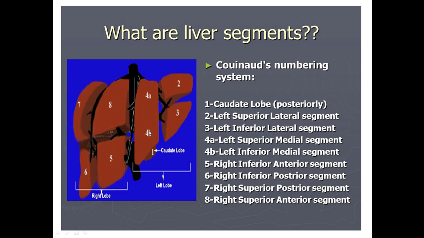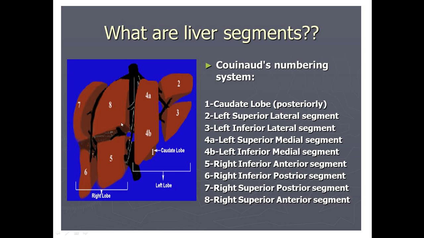Fifth is the right inferior anterior segment. This is present anteriorly on the right lobe, on the right side. Then the right inferior posterior segment, the right superior posterior segment, and finally the right superior anterior segment.